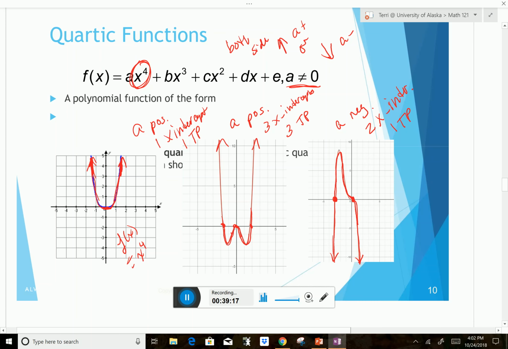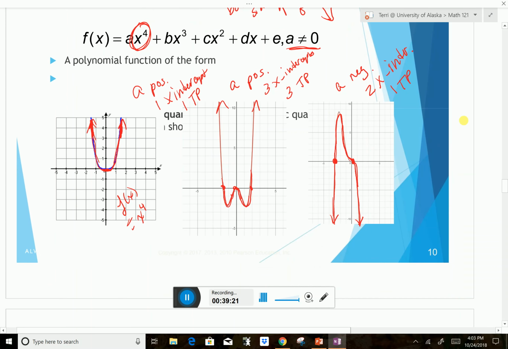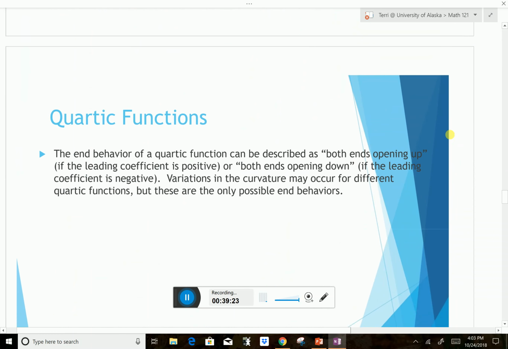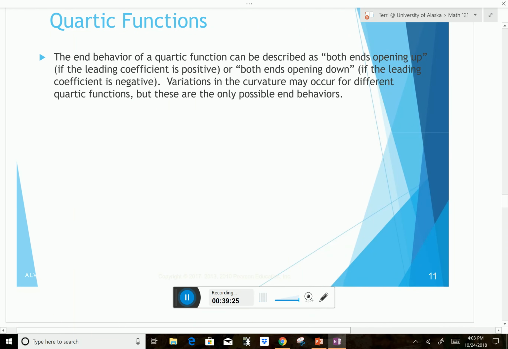So all of these interesting things can happen with quartics, and this isn't all either, of course. Once again, we have a situation where either both ends open up, in which the leading coefficient is positive, or both ends open down, in which the leading coefficient is negative.